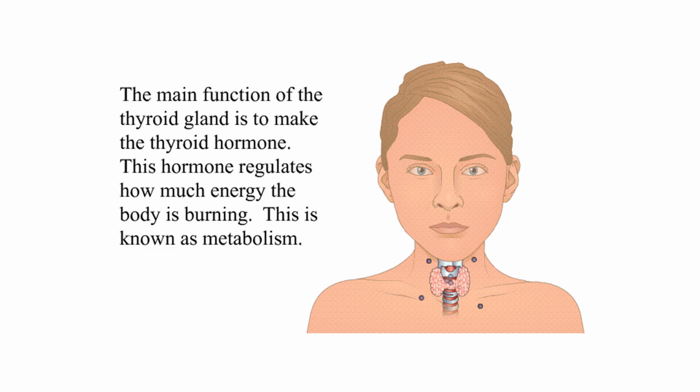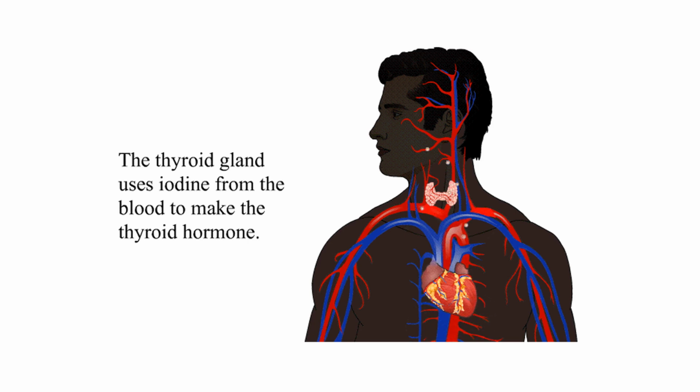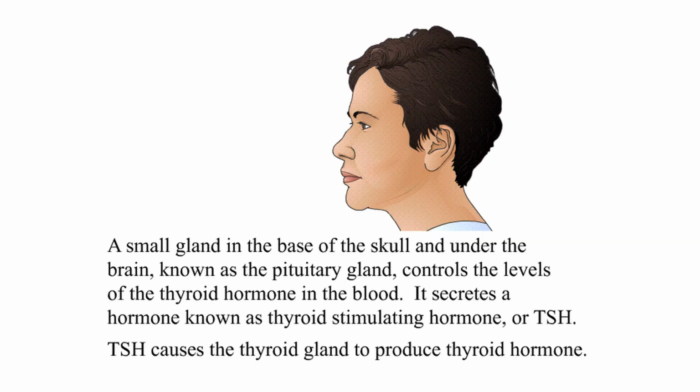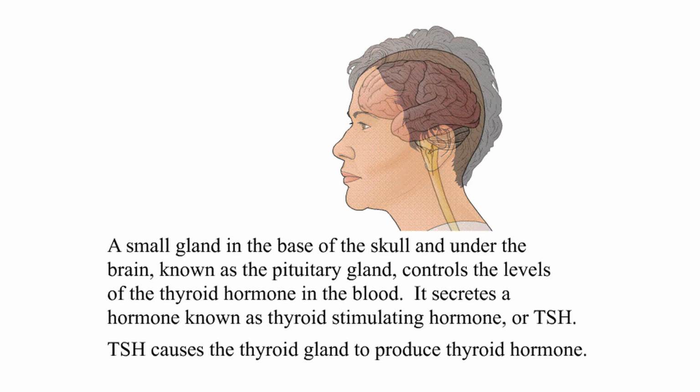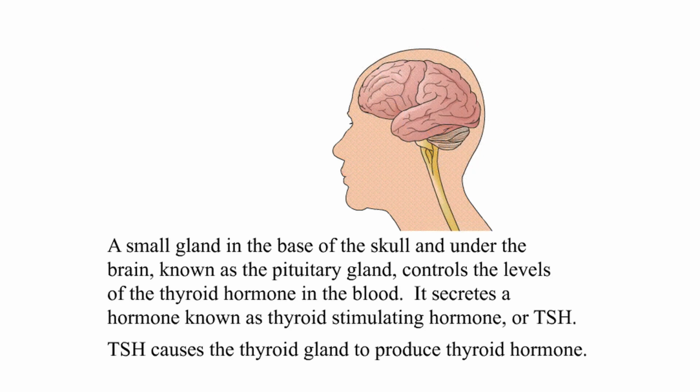The main function of the thyroid gland is to make the thyroid hormone. This hormone regulates how much energy the body is burning. This is known as metabolism. The thyroid gland uses iodine from the blood to make the thyroid hormone. A small gland in the base of the skull and under the brain, known as the pituitary gland, controls the levels of the thyroid hormone in the blood.